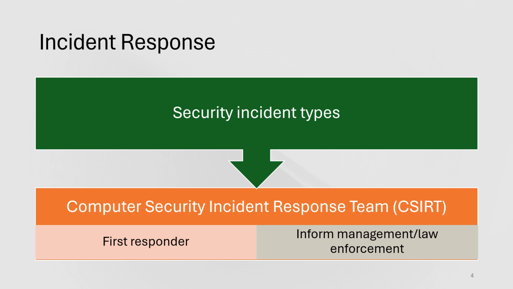Internal escalation. Depending on severity, notification might escalate to management, the legal counsel, or data protection officer. And 3. External notification. In serious breaches, authorities or affected individuals might need notification based on legal requirements.